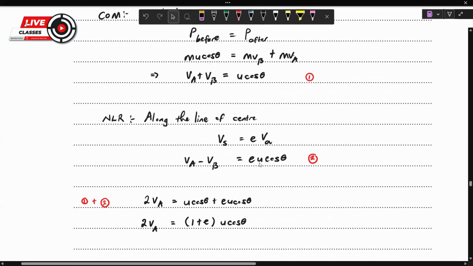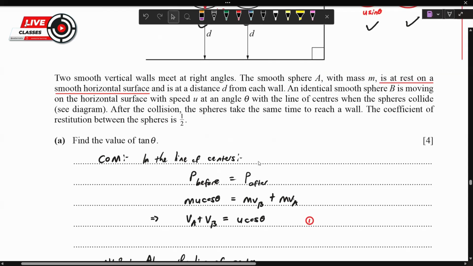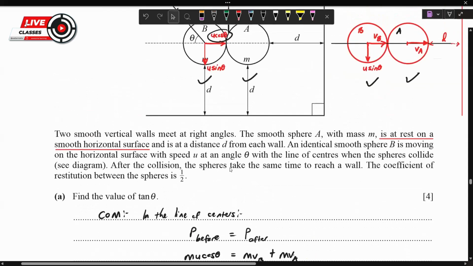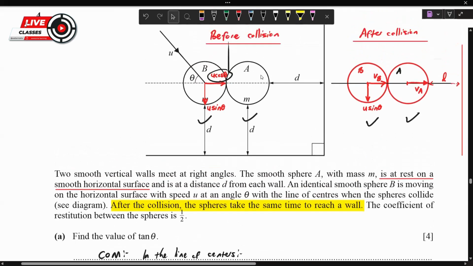All right. Now in the question, there's also something very important that they have told us. There's a statement here which says, after the collision, the spheres take the same time to reach a wall. The spheres take the same time to reach a wall. All right. So let us consider that fact because it's a very important one.